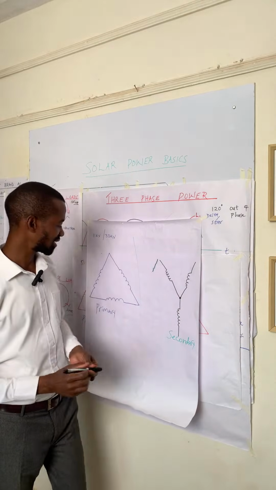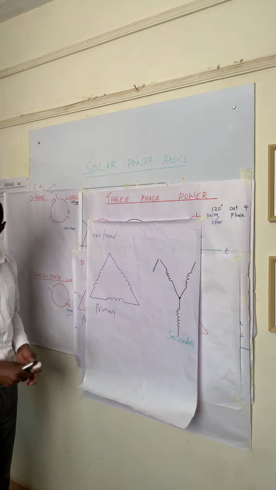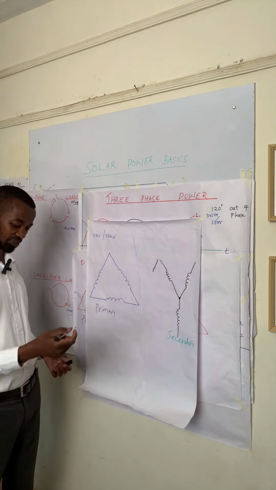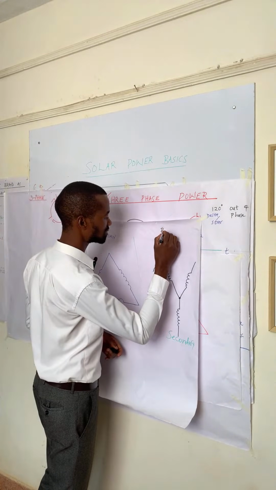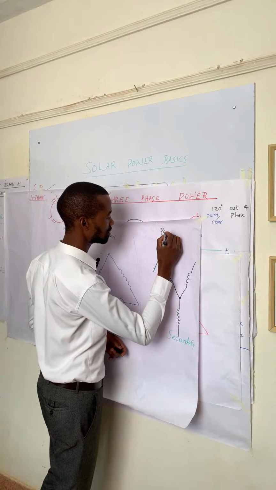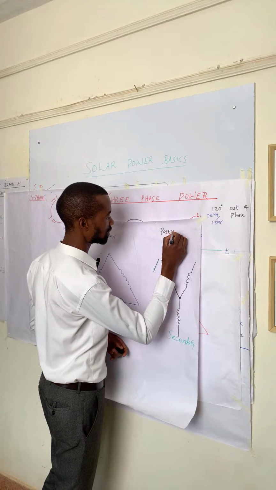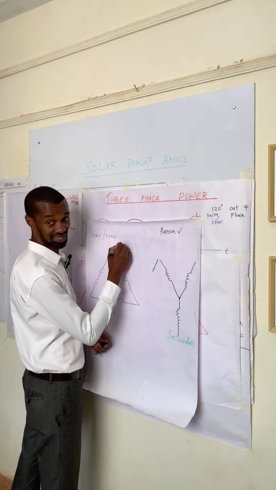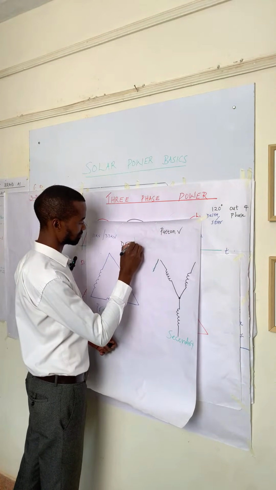Anyone who has answered for the entire distribution? Delta star. Perfect. Patton has gotten it. Thank you so much. So this one is, you said delta star. Okay. Delta star.